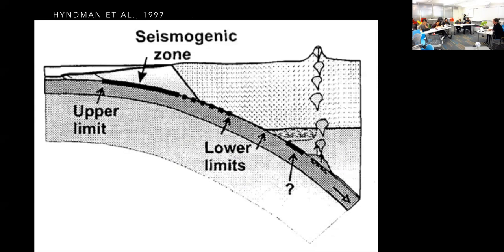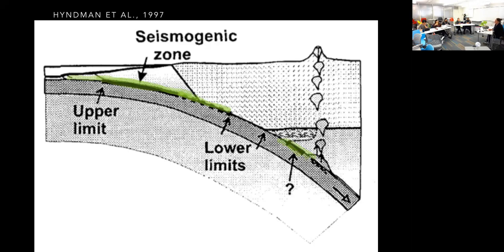So we understand that there's an area that doesn't quite extend to the seafloor most of the time, where earthquakes are abundant. And they've just colored this in with a big black line here, saying this is like the major earthquake source. And then it sort of trickles off with depth. Unclear exactly what ends it there. There's a second seismogenic zone that's imaged down here in the mantle.